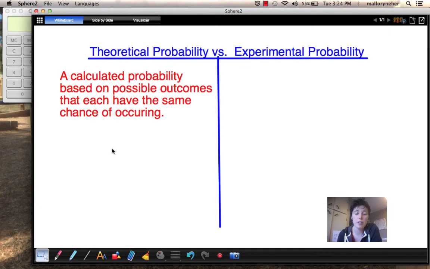When I flip a coin, you have the same likelihood of getting a heads as a tails. So the same chance of occurring.